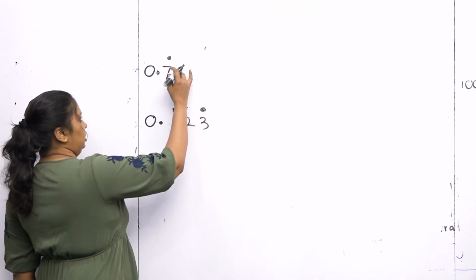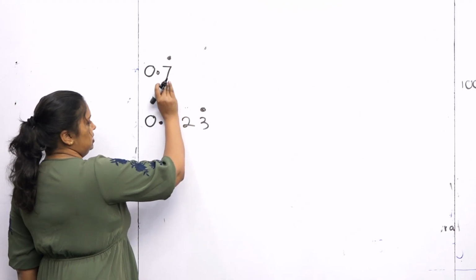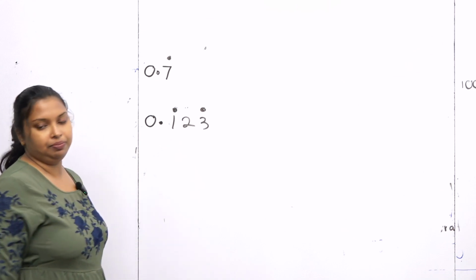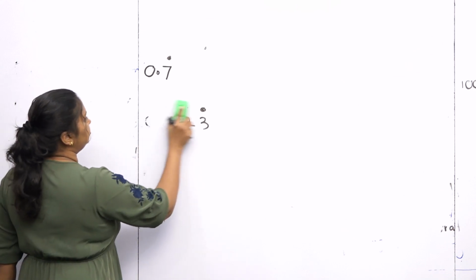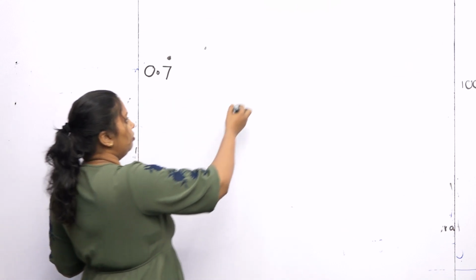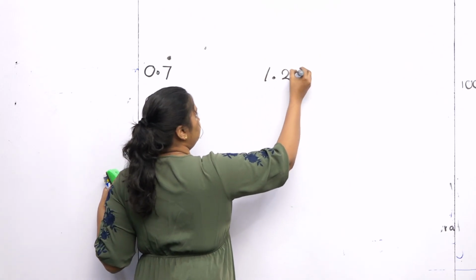I'm going to show that this is a rational number and this is a rational number.